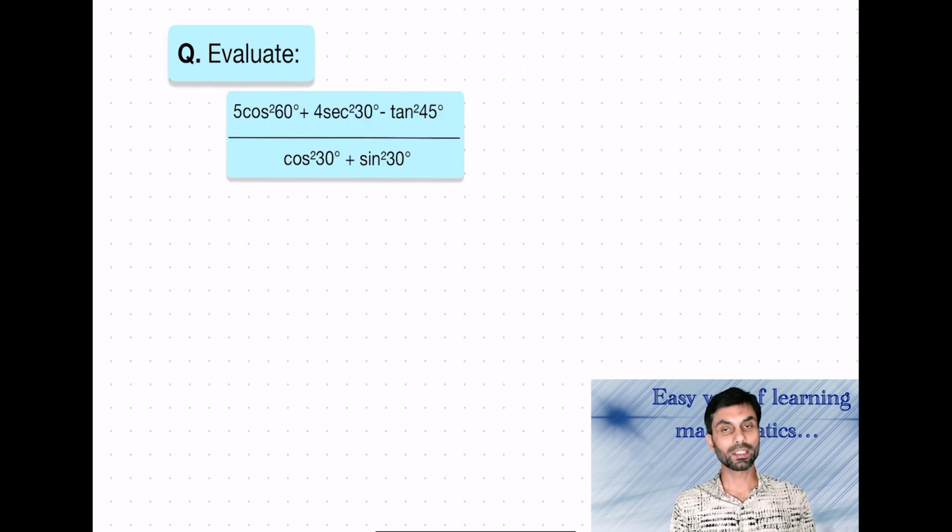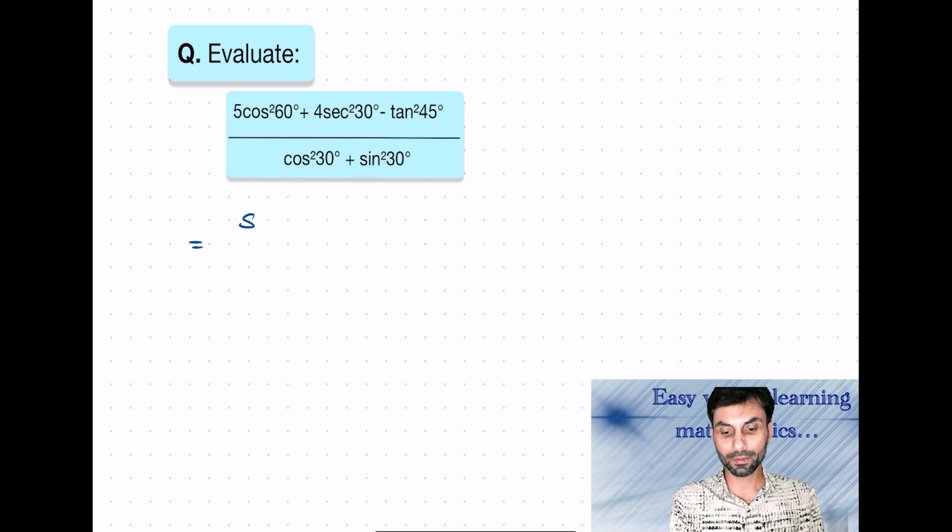The next question is, evaluate 5 cos square 60 degree plus 4 sec square 30 degree minus tan square 45 degree upon cos square 30 degree plus sine square 30 degree. So substitute the values of it. What will we get?